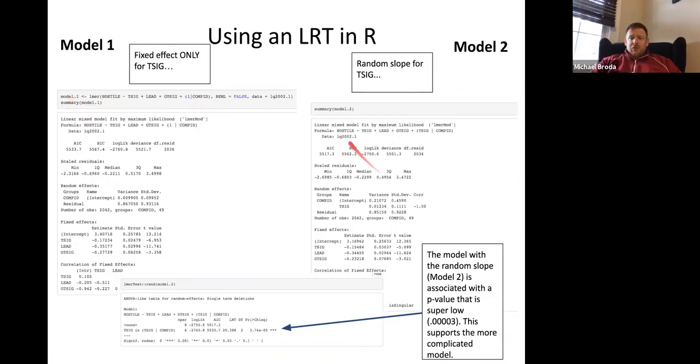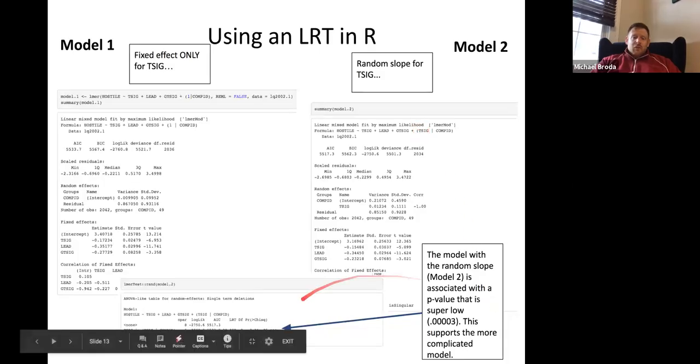And here is model.2, where we have added a random slope for T-sig. Then we run this command down here, which comes from the lmerTest package, called rand, R-A-N-D, for random effects.